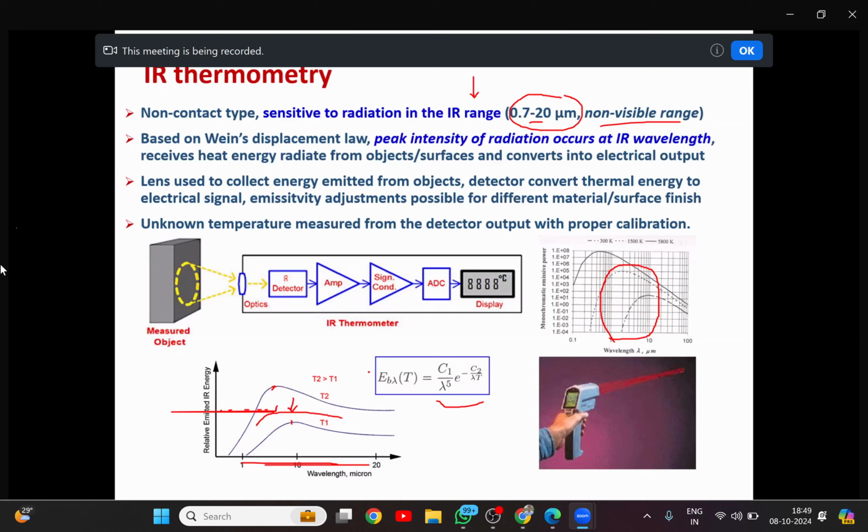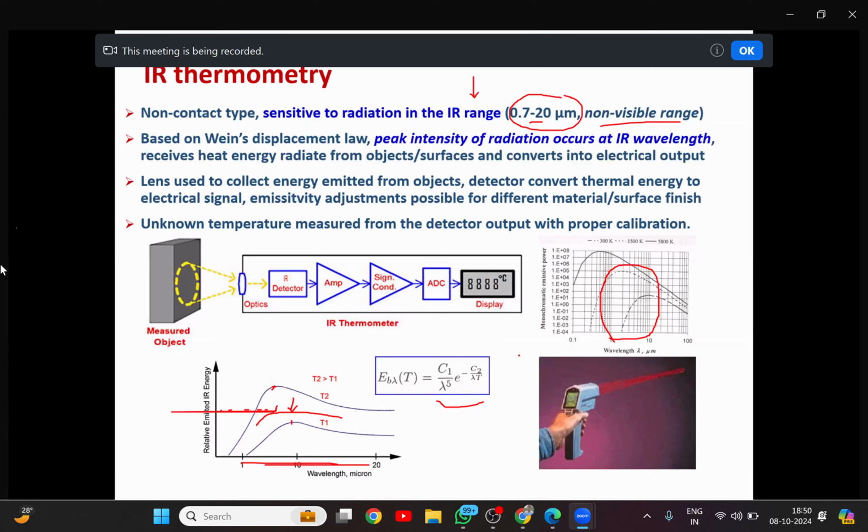So your emissive power, multiplied by the emissivity, would give you the actual emissive power. So if you know epsilon lambda, you know lambda, you know C1, C2, then if you measure E_aλ, you can predict the temperature. Okay, so that is how IR thermometers work.